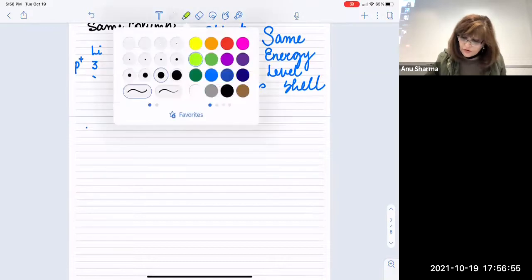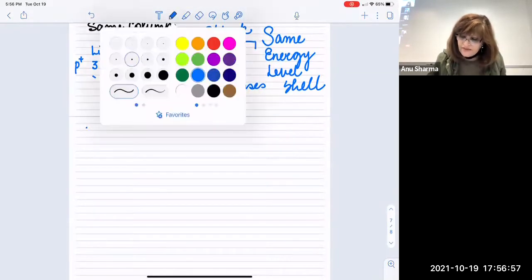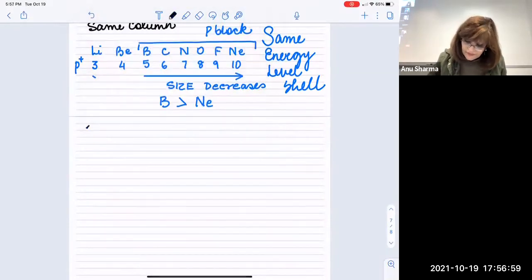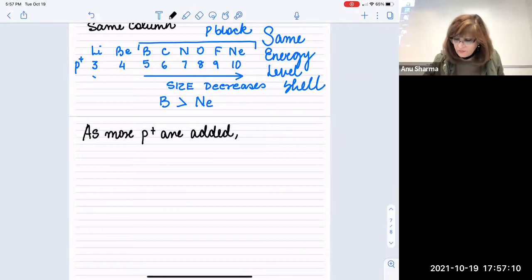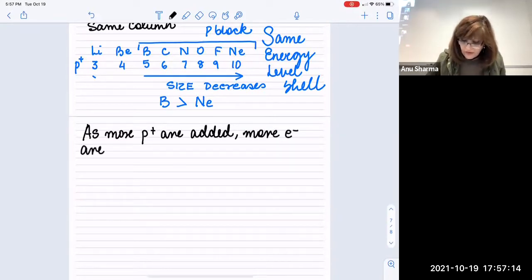As more protons are added, you can also say that more electrons are also added to the same energy level.